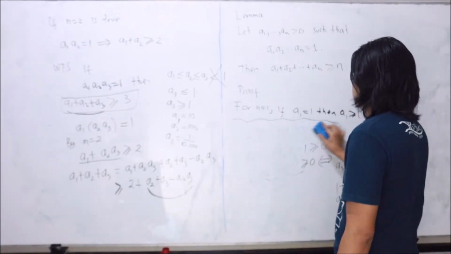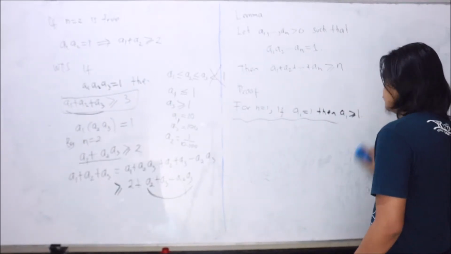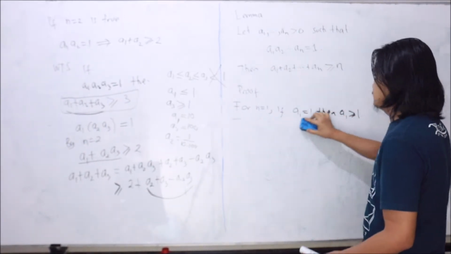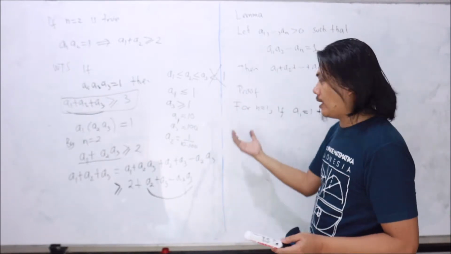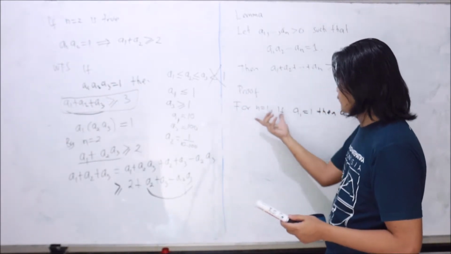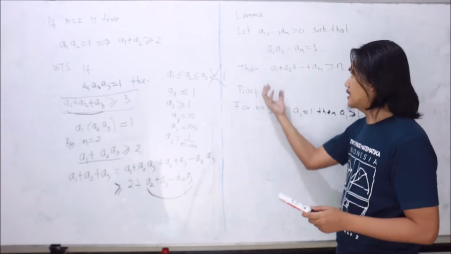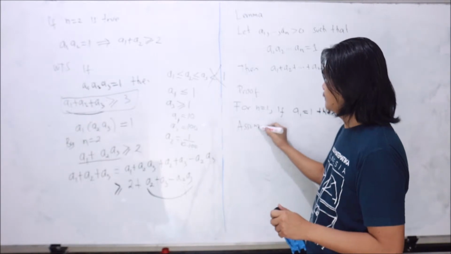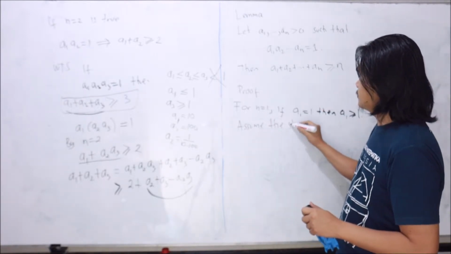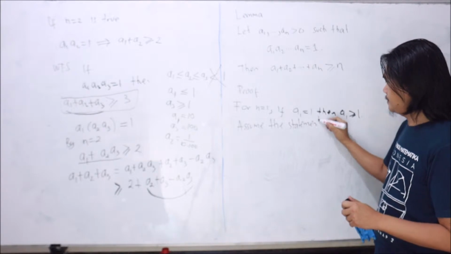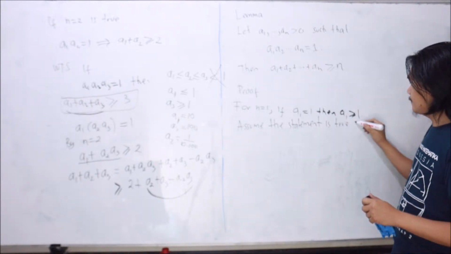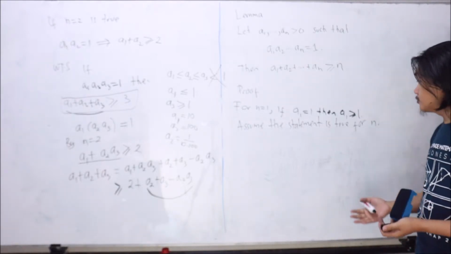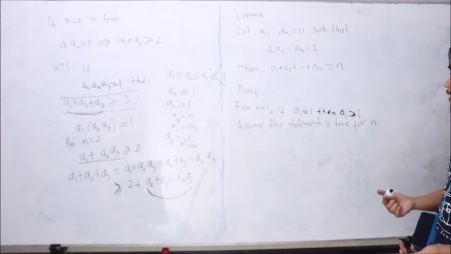Okay. Let's discuss the proof together. Okay, so we have shown that for the base case, which is n equals 1, the statement is correct. Okay, and assume the statement is true for n. And we will show that the statement is true as well for n plus 1.